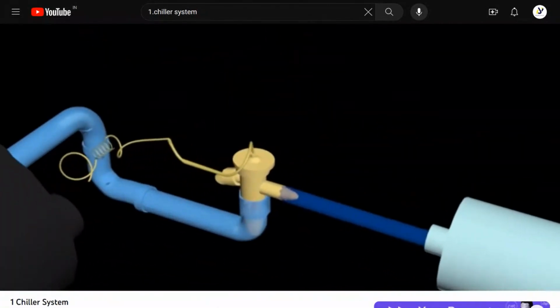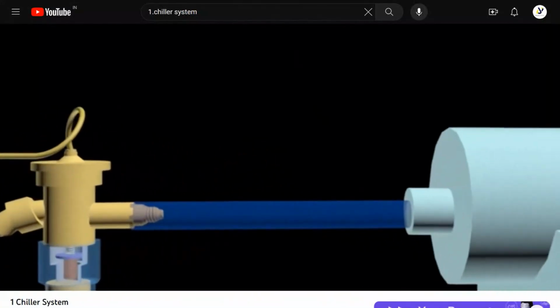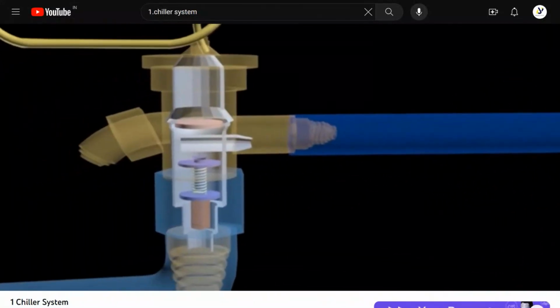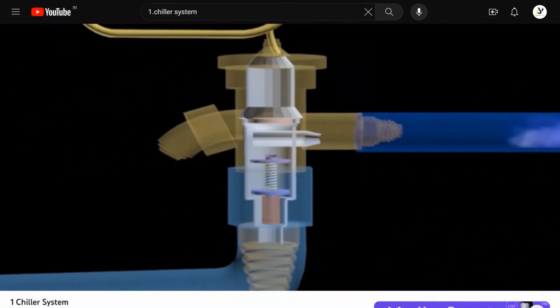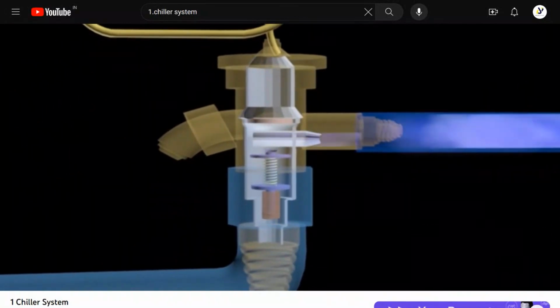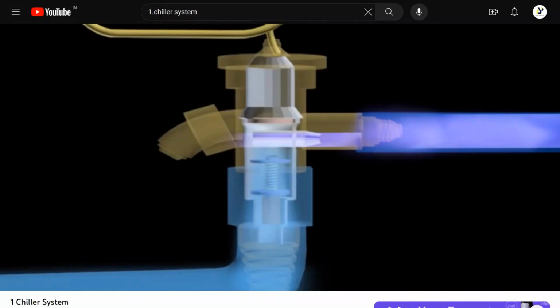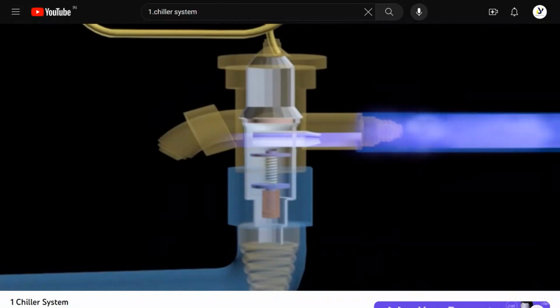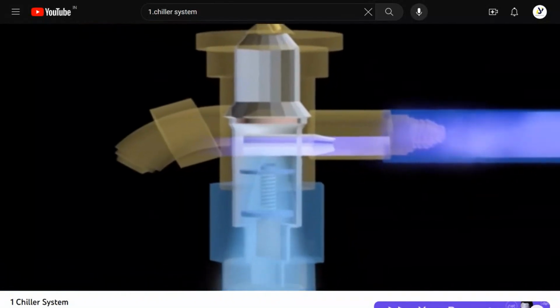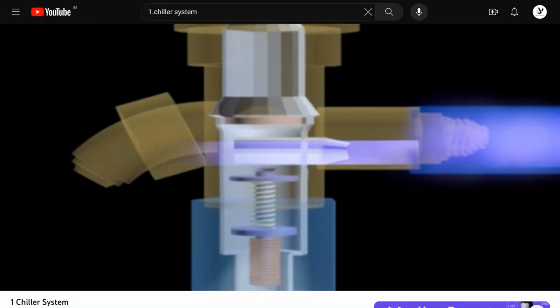Expansion valve. The expansion valve serves to reduce the pressure and control the flow of refrigerant going into the evaporator. When the pressure of the refrigerant has declined drastically, the temperature will drop dramatically, which is lower than the chilled water temperature. In a centralized system, a TXV thermal expansion valve type of expansion device is used.